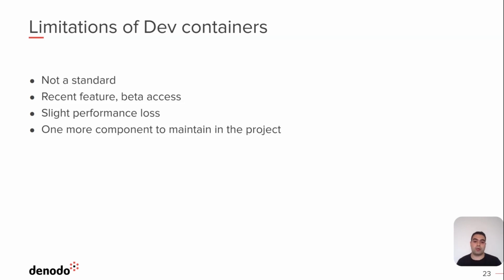There's a slight performance loss due to the extra virtualization layer, and it's one more component to maintain in the project. However, the images should be identical to the ones that we are using to build Presto release versions, so it should be relatively easy to maintain.